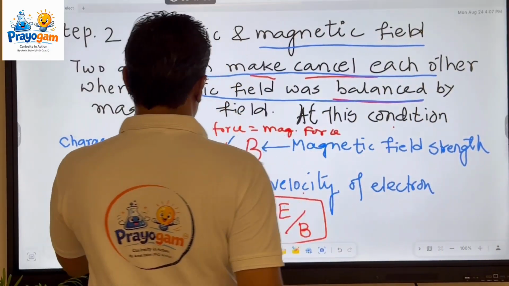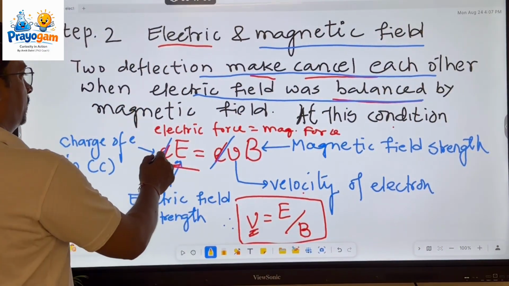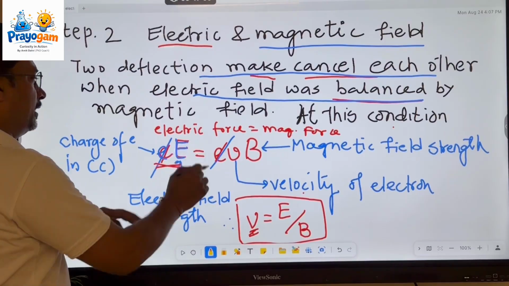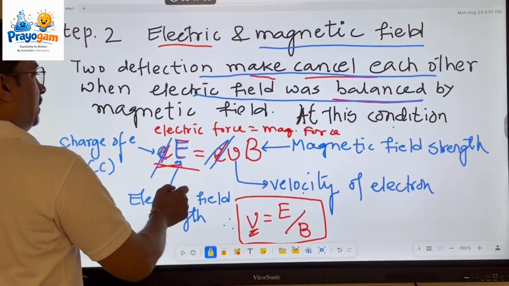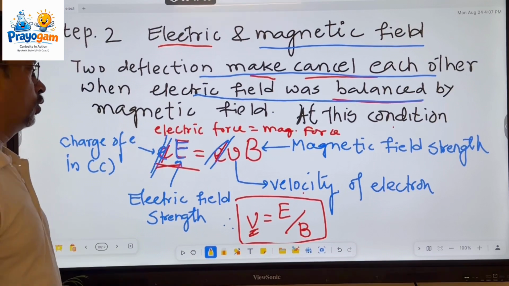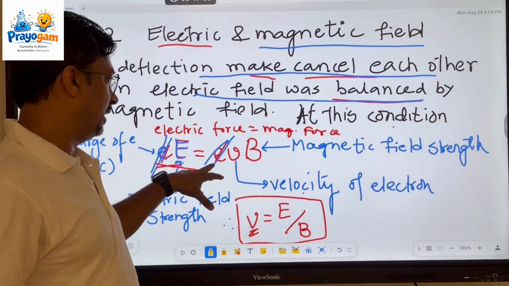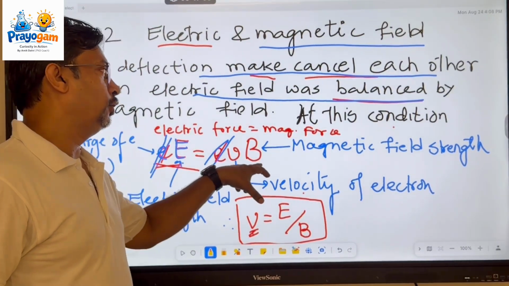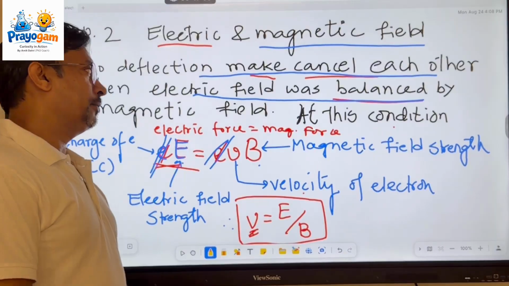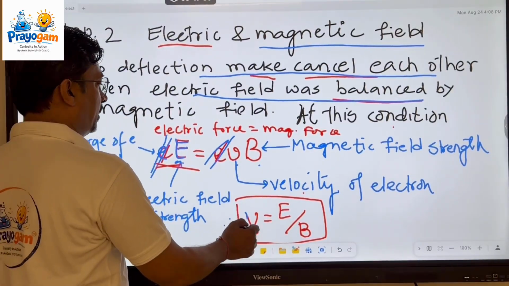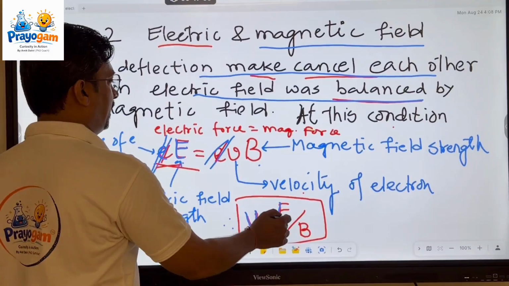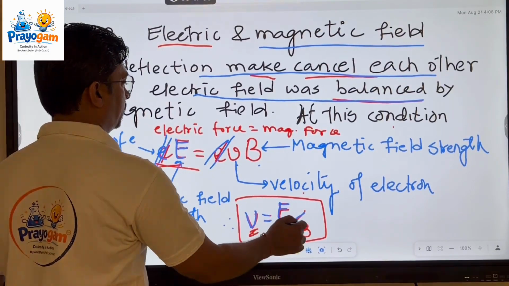So what does the equation become? eE is equal to eVB. The electrical charge of both cancels and the equation becomes E is equal to velocity into B, that is magnetic field strength. So from this equation we can calculate velocity is equal to E by B.